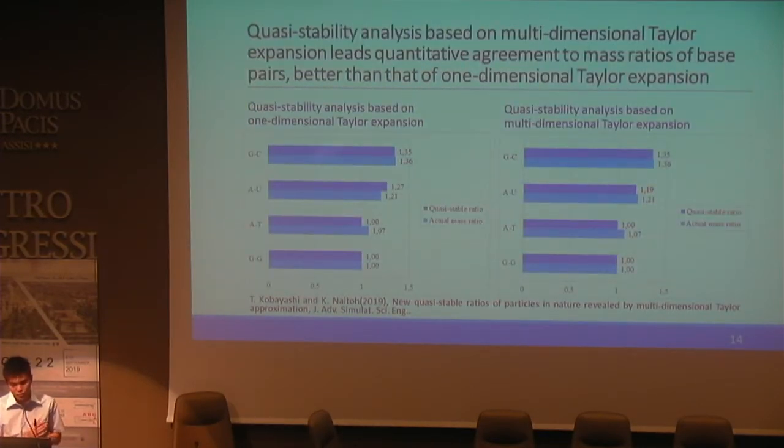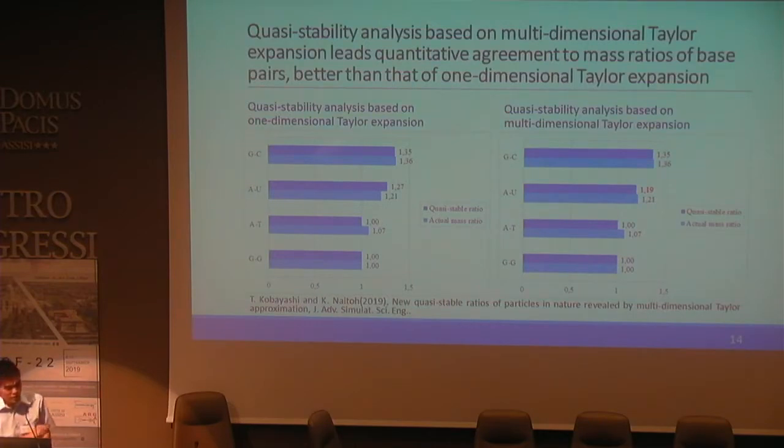Now, I'll show you some results of quasi-stability analysis. Quasi-stability analysis based on multidimensional Taylor expansion leads to qualitative agreement with mass ratios of base pairs better than that of one-dimensional Taylor expansion.